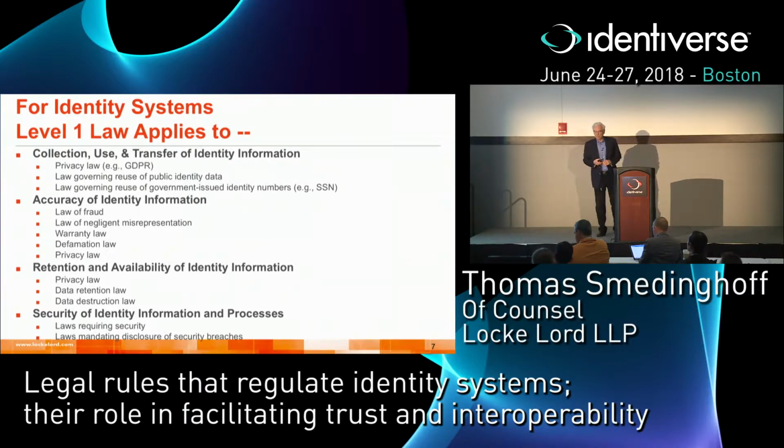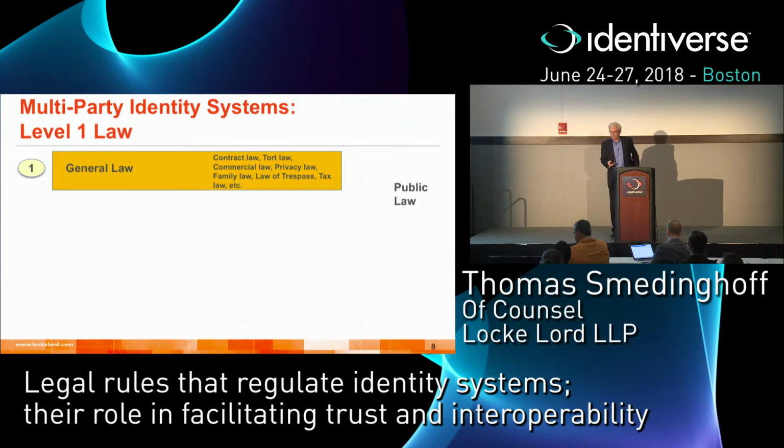Retention and availability of identity information. Again, privacy law comes back into play, as does the law we see increasingly in the states in the US governing record retention and record destruction. And of course, security is a huge issue, and we're seeing all kinds of laws requiring data security.